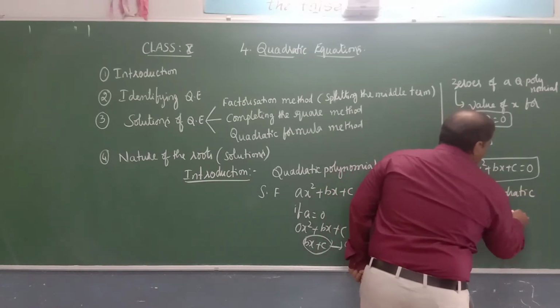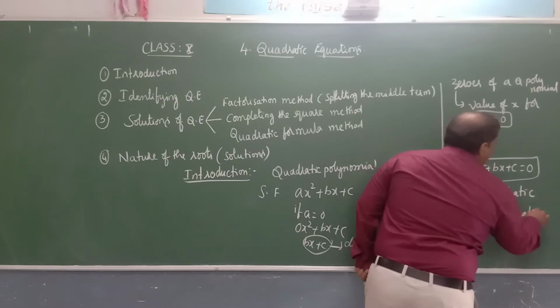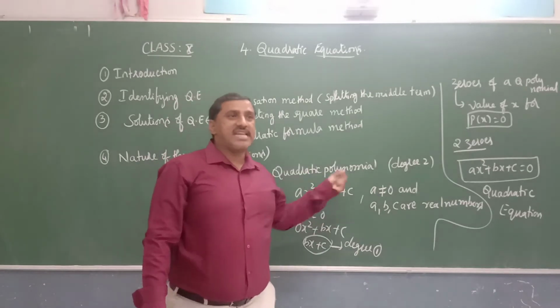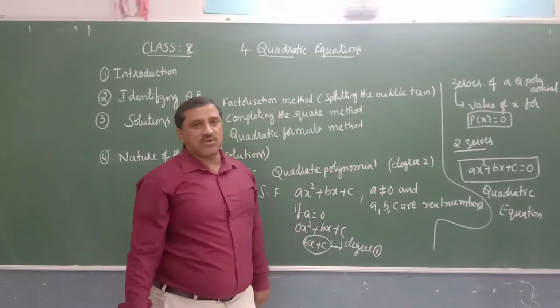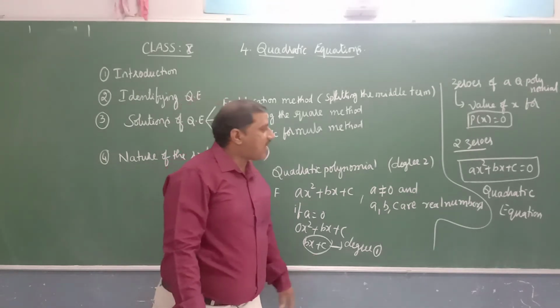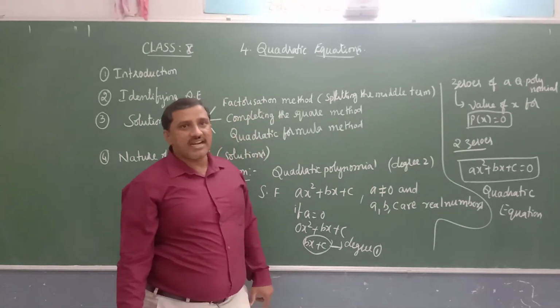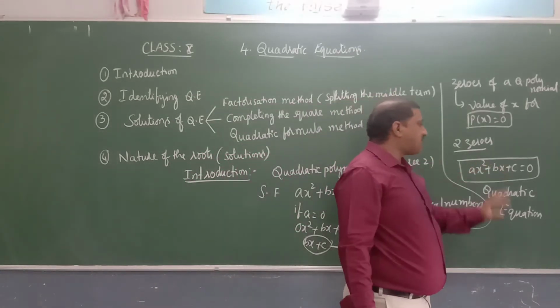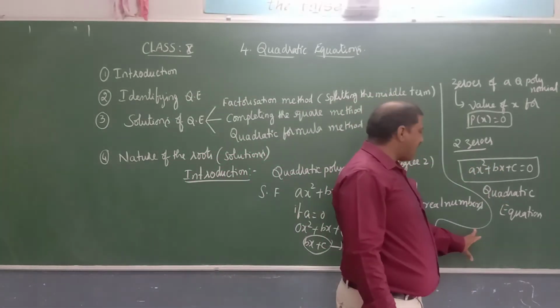So what is a quadratic equation? If any quadratic polynomial is equated to 0, then we call that equation a quadratic equation. See here, ax square plus bx plus c is equal to 0 is a quadratic equation.